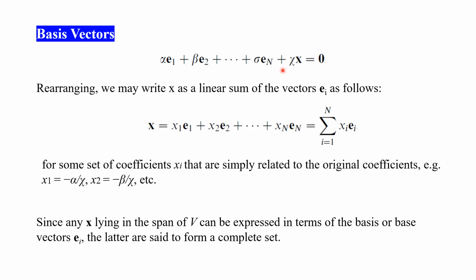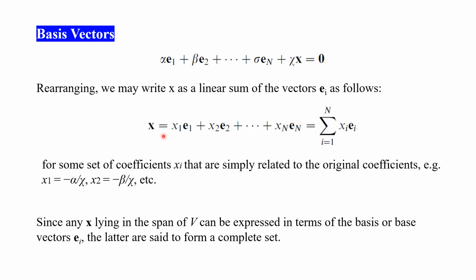So you have this equation again. Rearranging this by moving your x to the other side of the equation, we may write x as a linear sum of the vectors ei as follows. What we did here was to transfer your chi x to the other side of the equation and then divide all your individual elements by chi.